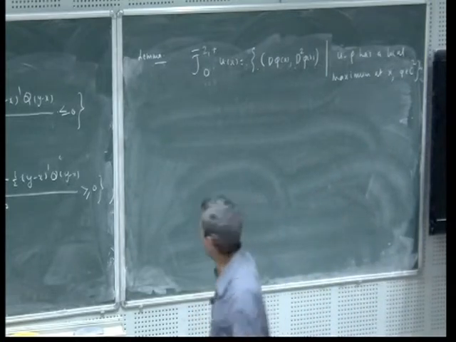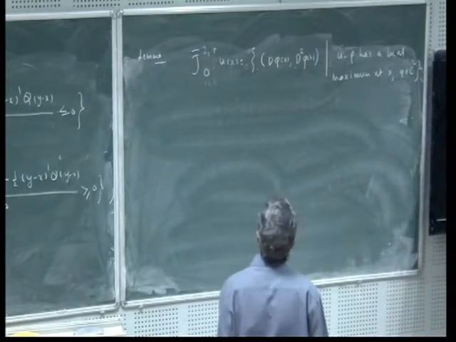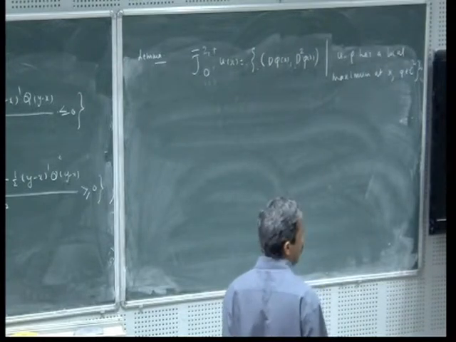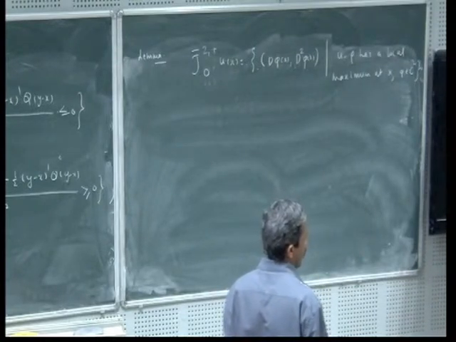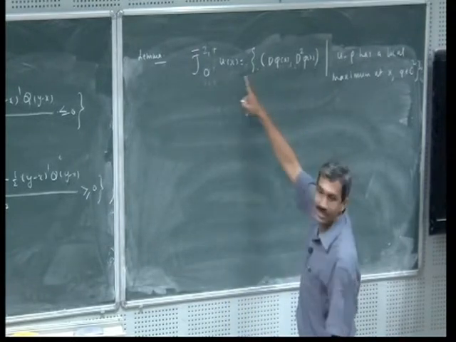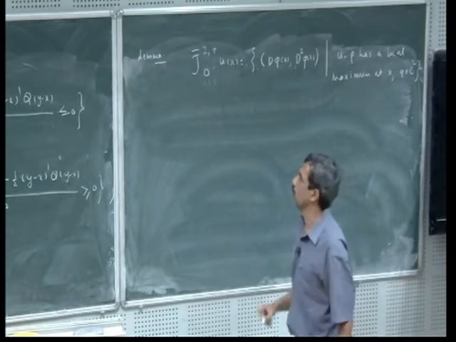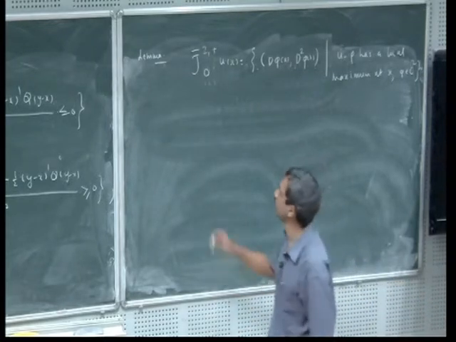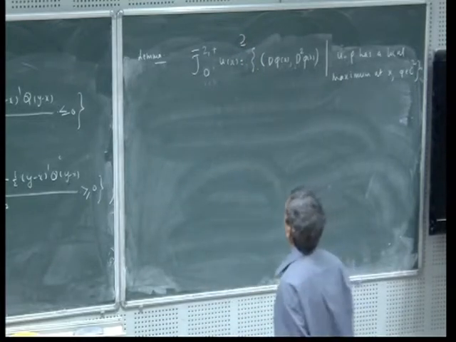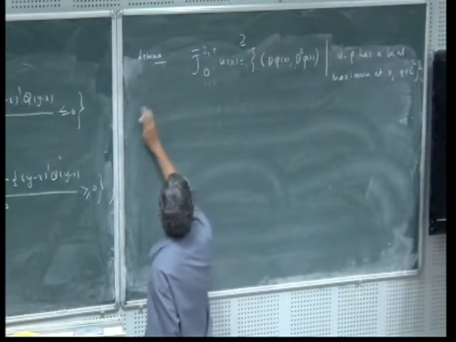What we have done is we have shown that this is sitting inside this. So what you need is the other way. This is done using Taylor series, and what you need is the reverse inequality.